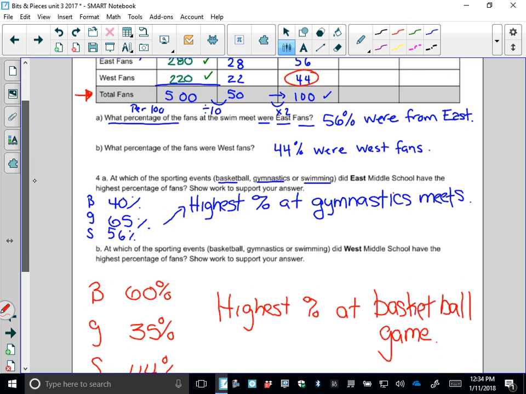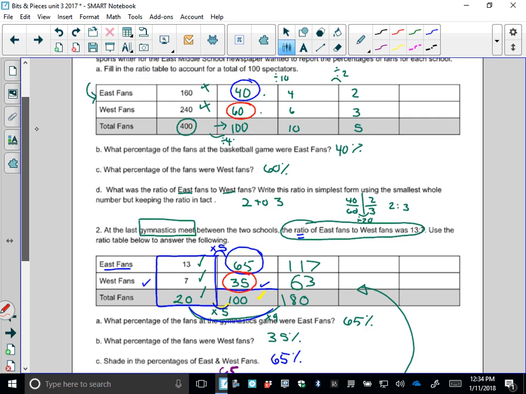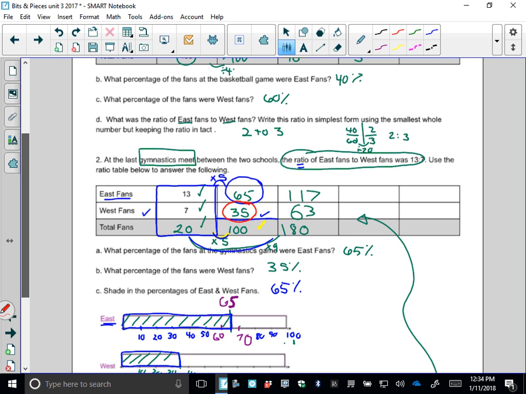And it was also, I think, the first time that we started with a ratio and had to go from the ratio of 13 to 7 to get this 20 and then project up and figure out how many actual fans there were if there were 180 people in the crowd.